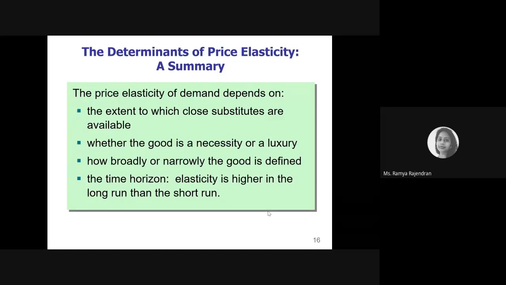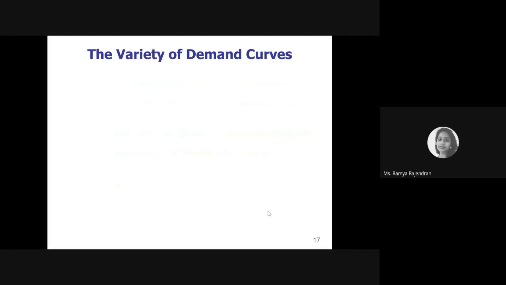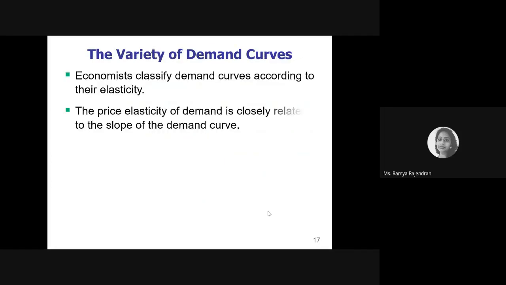Even for the same product, the elasticity is higher in the longer run than in the short run. So these four kinds of things happen.